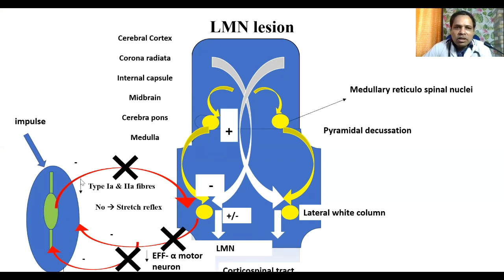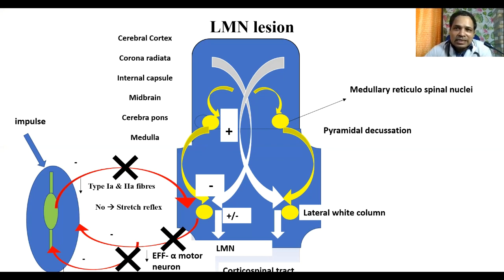When this is negative, and this is already negative, the whole thing is lost. There is no stretch reflex at all. The muscle will become flabby, weak, and this is called paralysis. The specific paralysis is called flaccid paralysis. It becomes loose. That is seen in the lower motor neuron lesion.